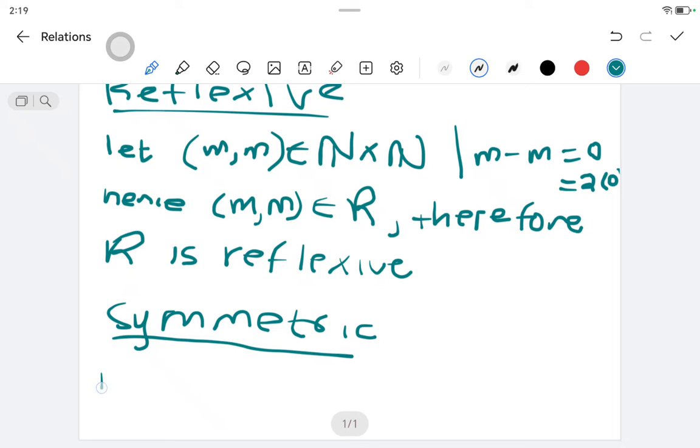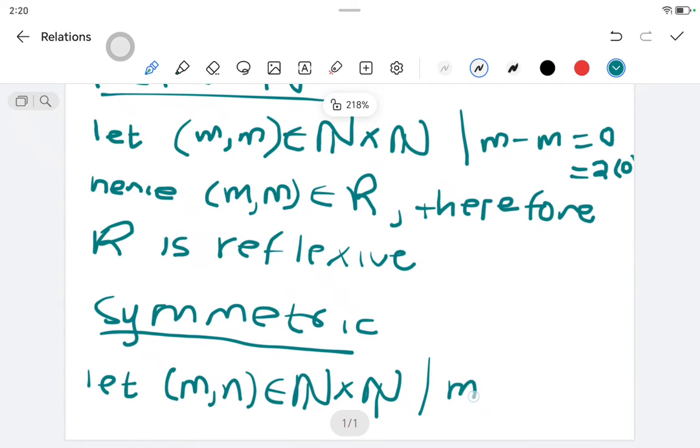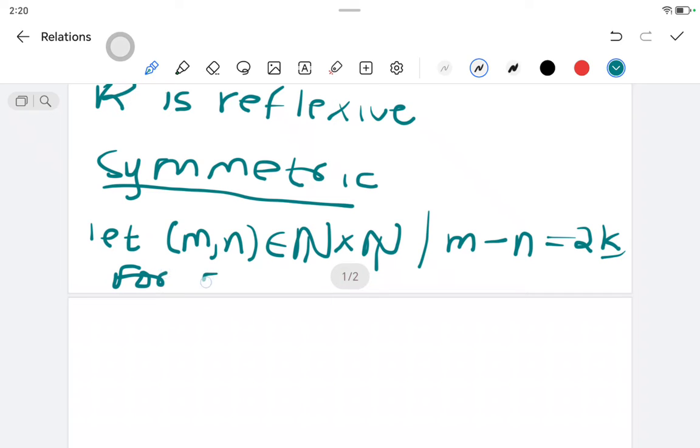Let (m, n) be an element of ℕ × ℕ, such that according to the original definition, m − n is even, meaning that this should be equal to 2k for some k, an element of the integers. This implies that if we have m − n, what we need to do is commute this: −n + m, and this is equal to 2k.